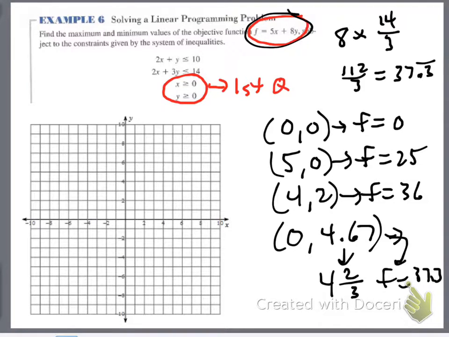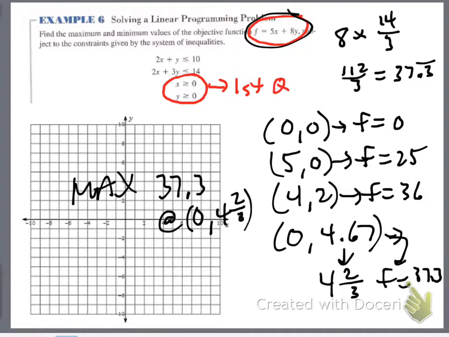So your maximum is 37.3 at the point 0, 4 2/3. Your minimum is 0, and that occurs at 0, 0.